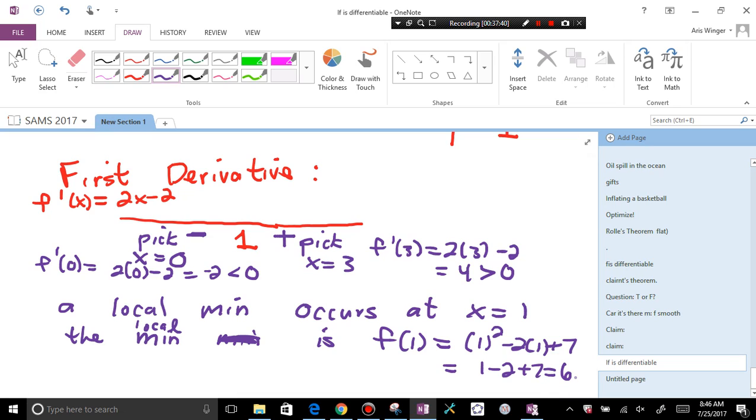Just terminology, right? So the local minimum occurs at 1. 1 is the time where the minimum occurs. The minimum actually is 6. Right? The local minimum is the number 6. Okay. Questions about that? Let's state it.